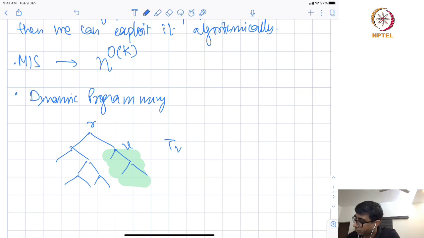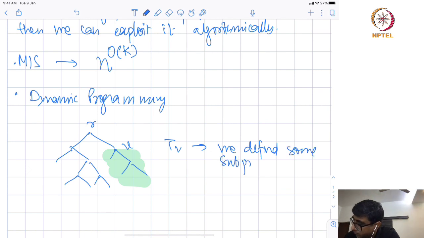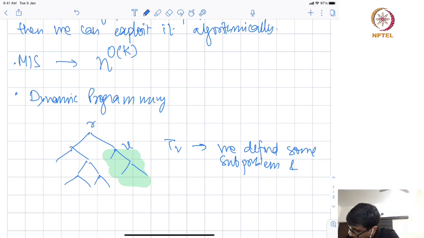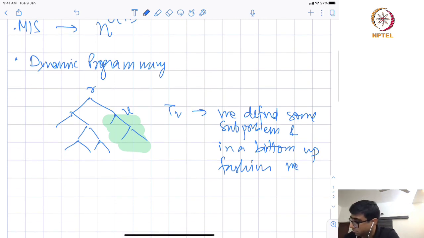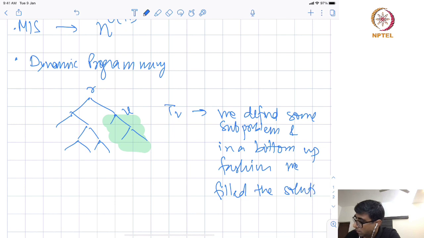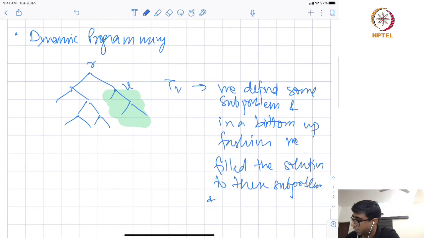And then we defined some subproblem, and in a bottom up fashion, we filled in the solution to these subproblems and finally got our solution.